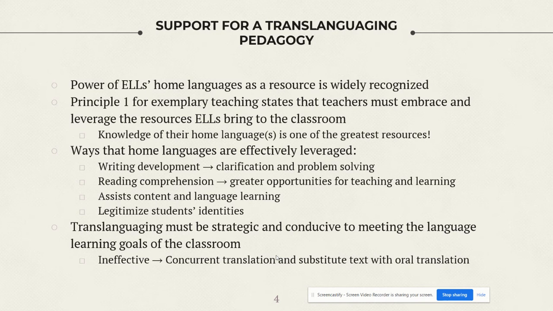And there are specific times and places where that could be beneficial, but you want to avoid doing that for every reading, especially if it's a major text or something that's being discussed in the class, because students are not going to refer back to the English version of it. Instead, they'll just focus on the translation in their home language. And so they're not then challenging themselves to develop those language skills any further.